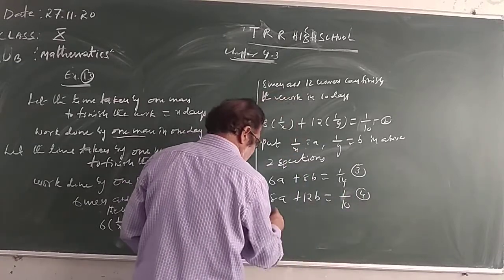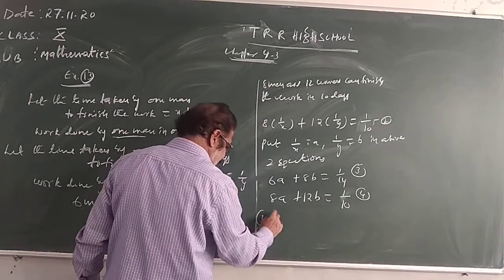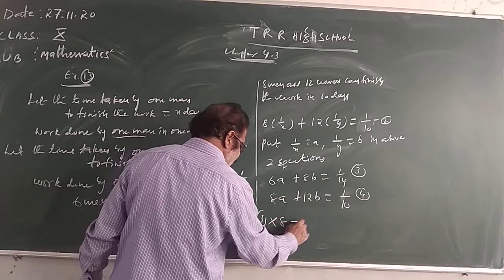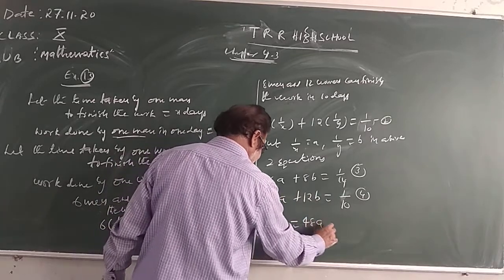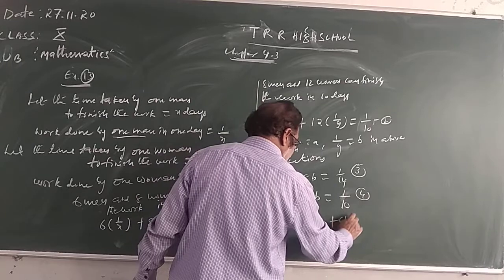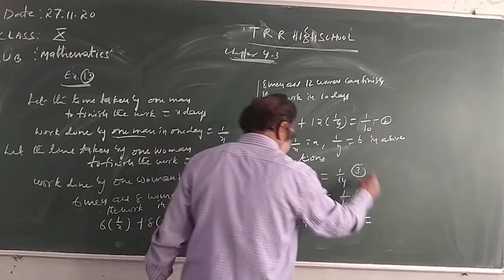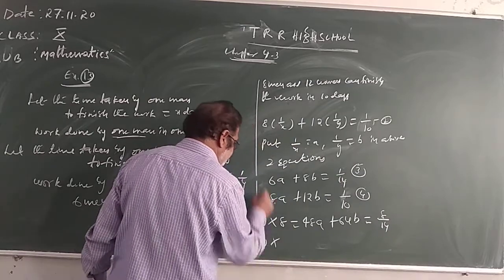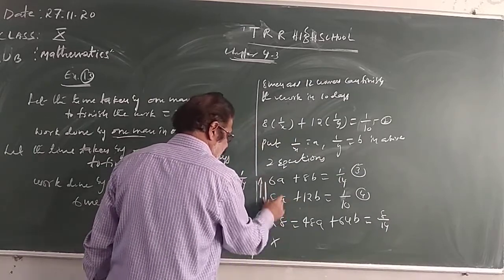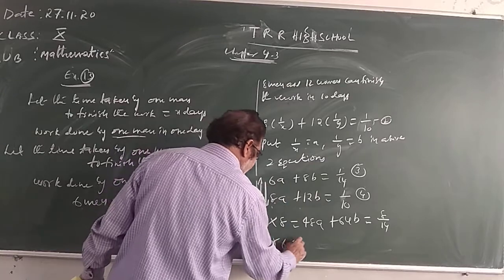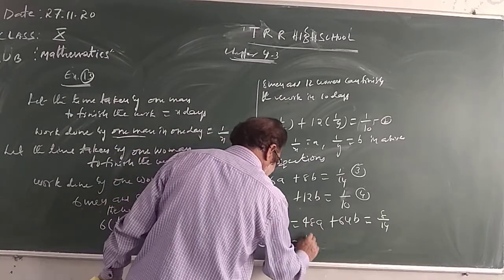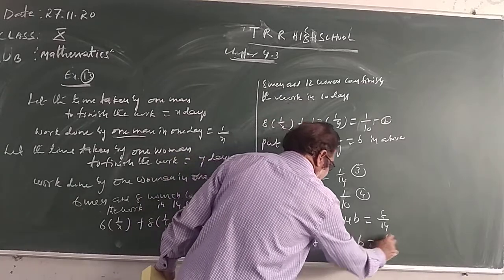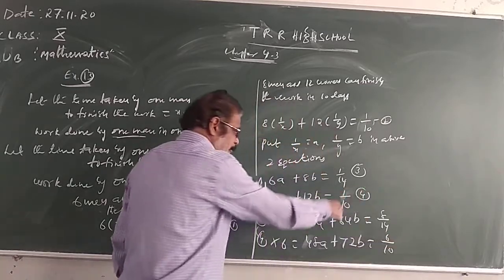Now what you have to do? Solve it. Third equation multiplied by 8: 8 6s are 48a, 8 8s are 64b, equal to 8 by 14. Next, fourth equation multiplied by 6: 6 8s are 48a, 6 12s are 72b, equal to 6 into 1 by 10, 6 by 10.